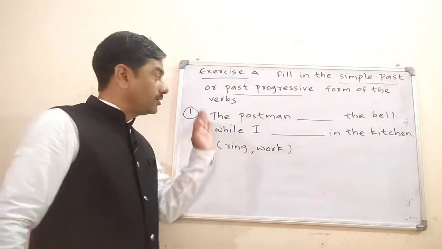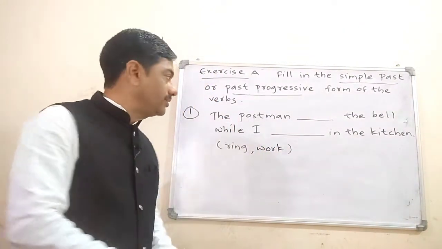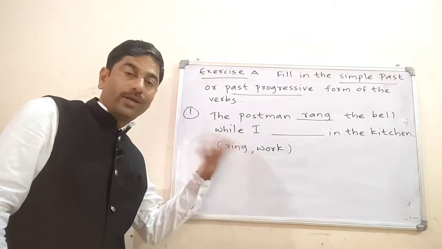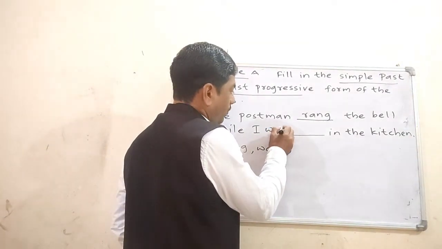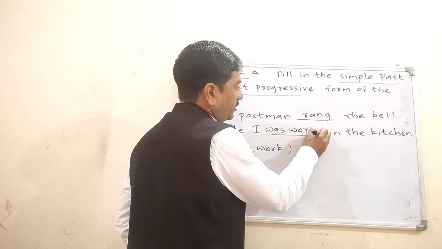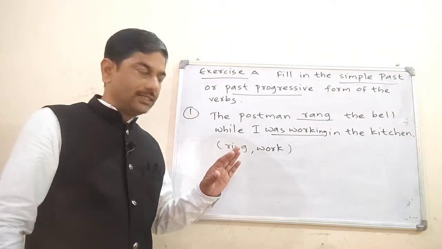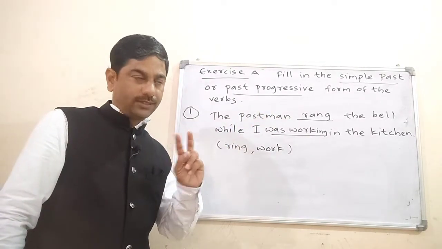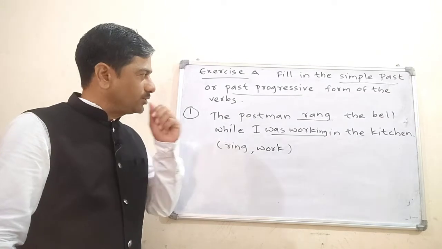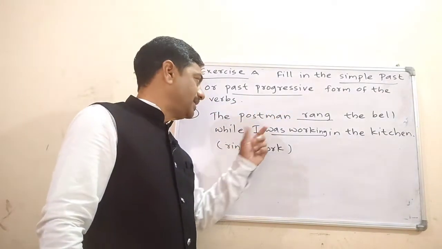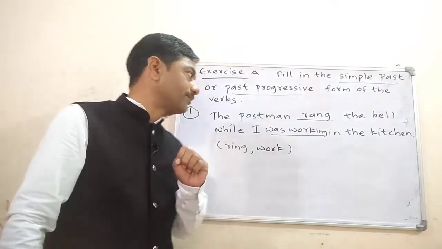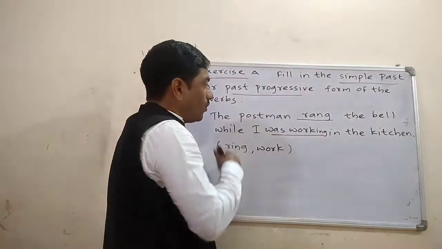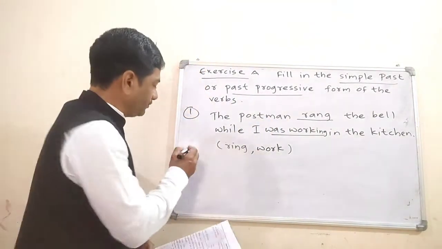So the postman rang the bell while I was working in the kitchen. So here is one sentence in which there are two tenses used. This is one clause, this is another clause. There are two clauses. In the first clause we made use of simple past tense, and in the second clause we made use of past progressive tense.